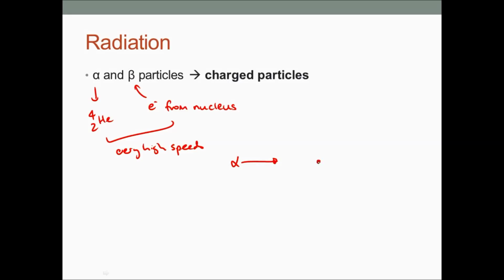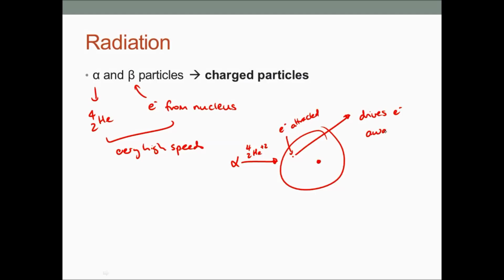An alpha particle goes near a molecule, which I'm just going to represent with something like this. It's positively charged, right? It has a +2 charge. So this +2 charge attracts an electron, which basically drives the electron away from this atom.